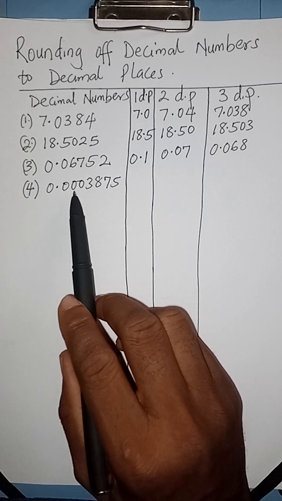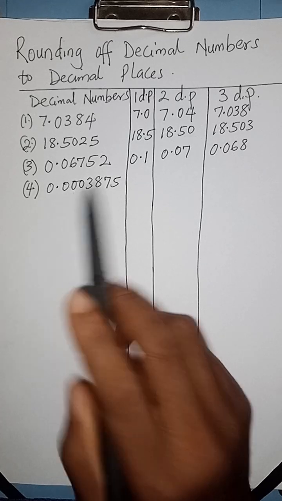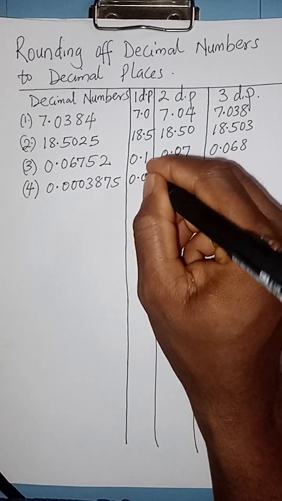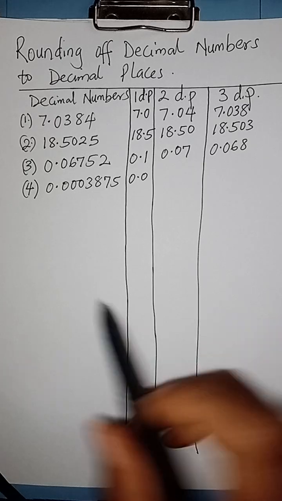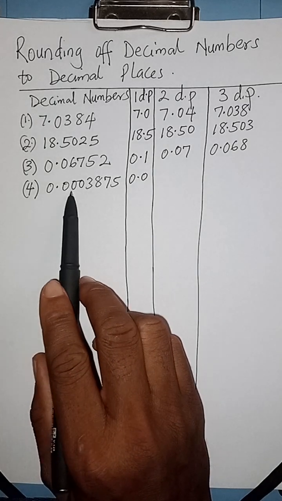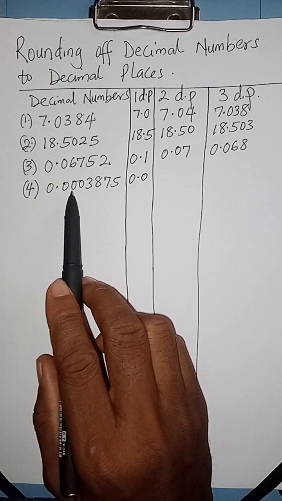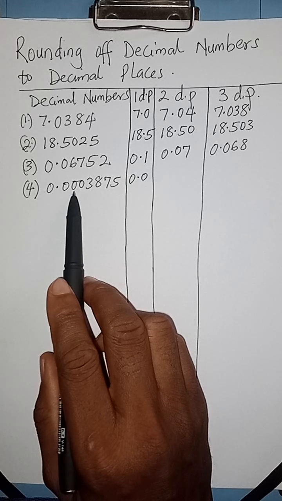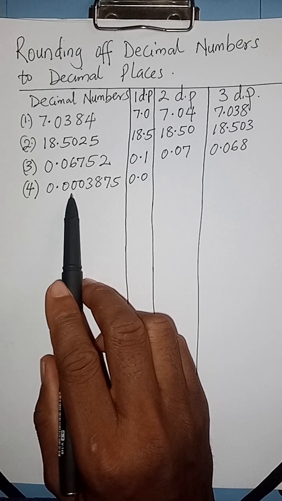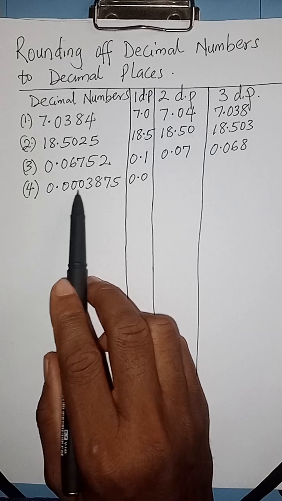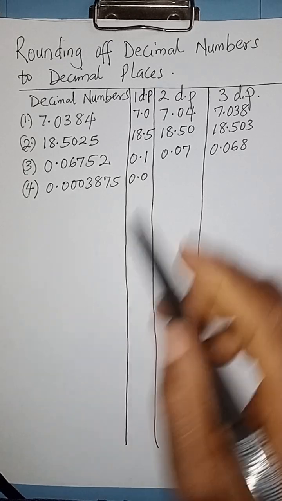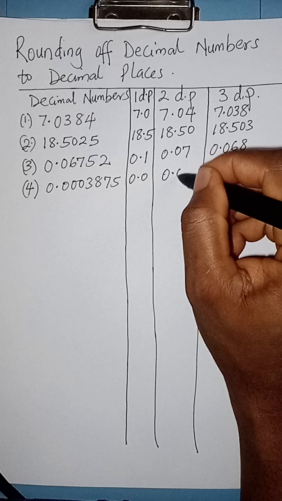And the digit is 0. So that means I'm rounding down. So my answer is 0.0. To two decimal places will be 0.00. Now I have to check the digit after the 0 to determine whether to round up or round down. And the digit after the 0 is also 0, so it means I'm rounding down. So my answer is 0.00.